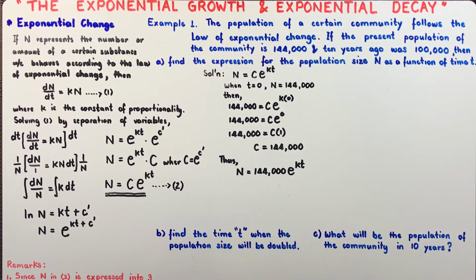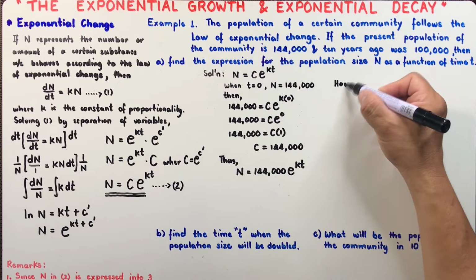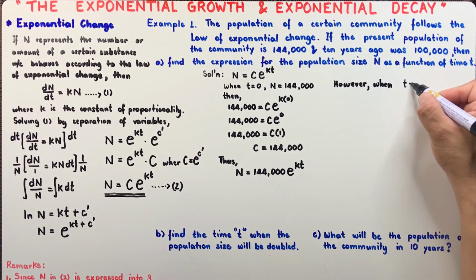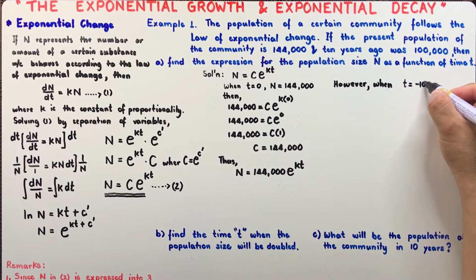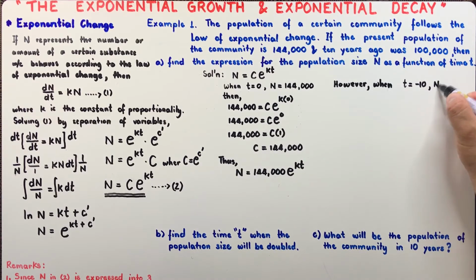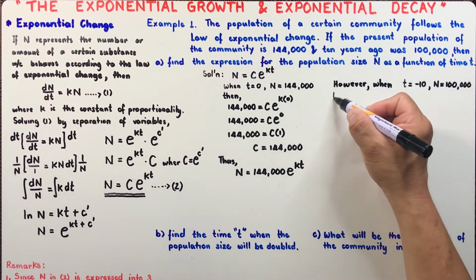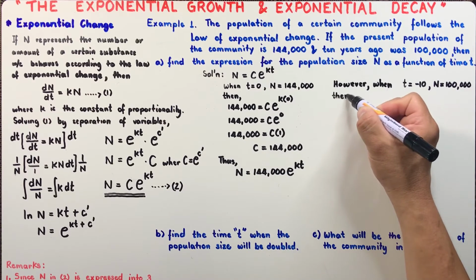However, it was also given in the problem that 10 years ago, the population size was 100,000. So we can write here that when t is equal to negative 10, then our N is equal to 100,000. So this is our second boundary condition.